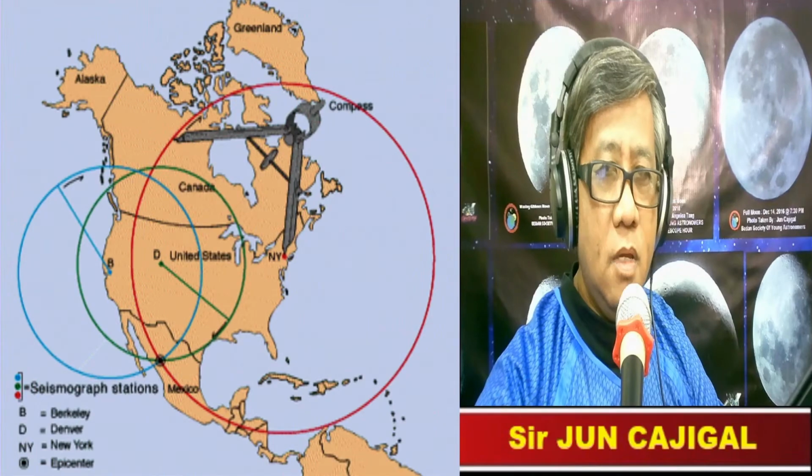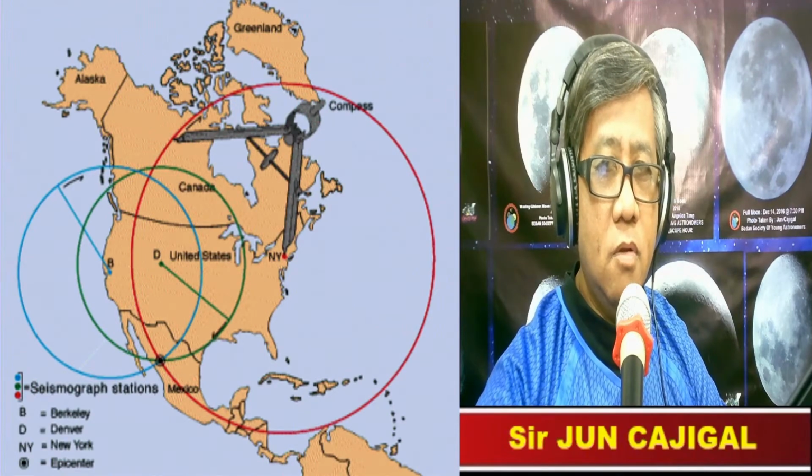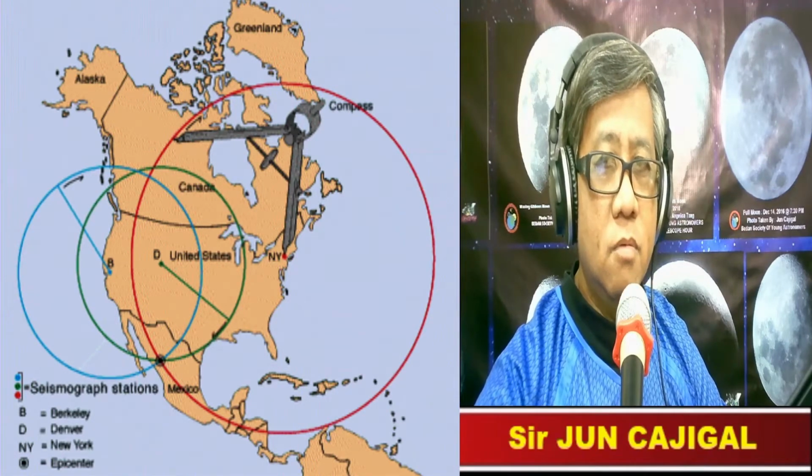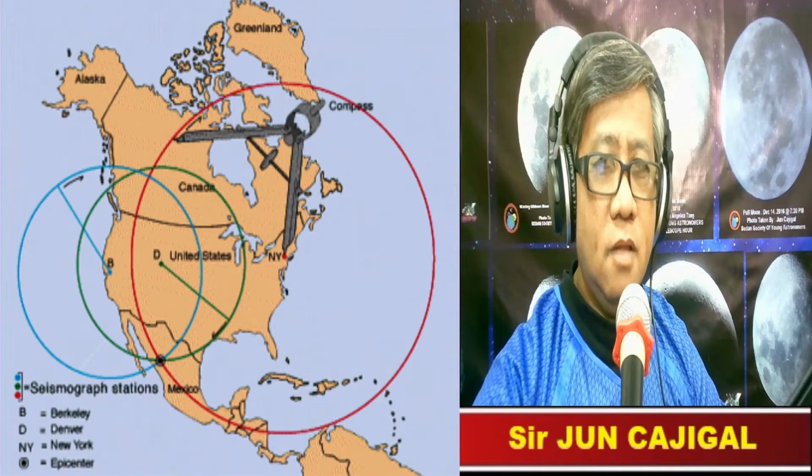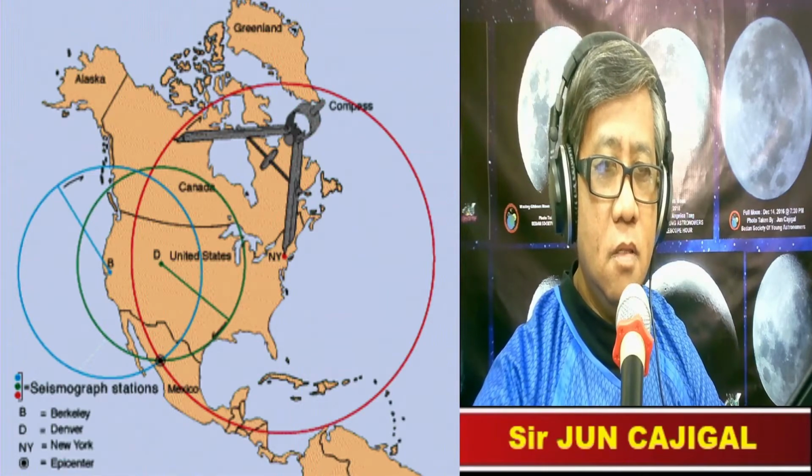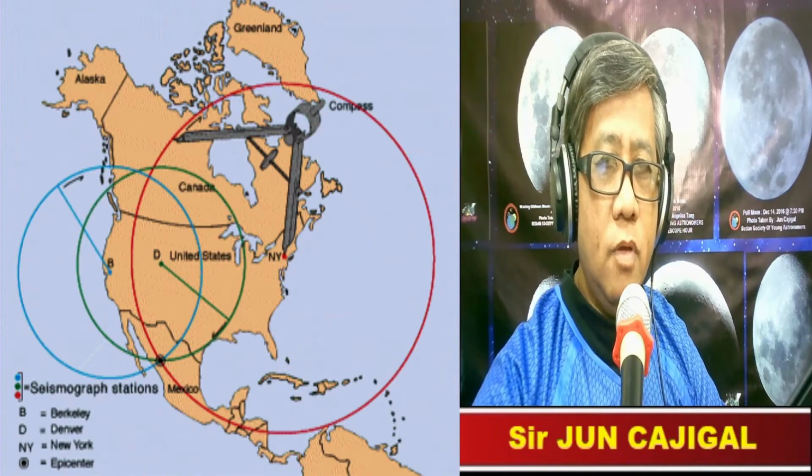So this method is called the triangulation method in determining the location of the epicenter of an earthquake. Isn't that fascinating indeed? Okay, so before we continue, let's watch this fascinating video about the triangulation method in determining the location of an earthquake. Alright, so let's watch this.